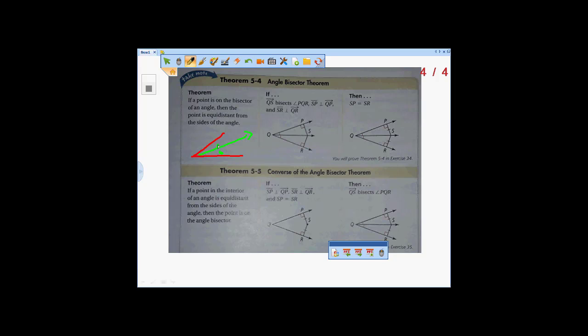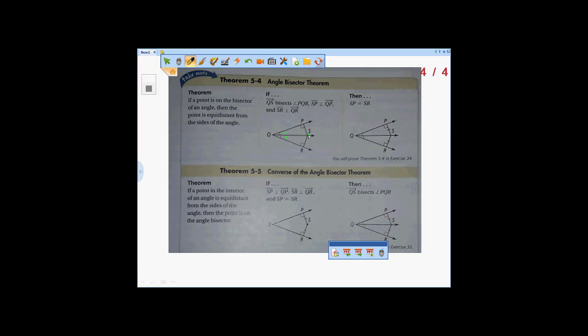What about the angle bisector theorem? If a point is on the bisector of an angle, then the point is equidistant from the sides of the angle. Here I have QS bisects the angle PQR. It means the measure of angle PQS is equal to the measure of angle SQR. And I have a point that lies on this bisector.